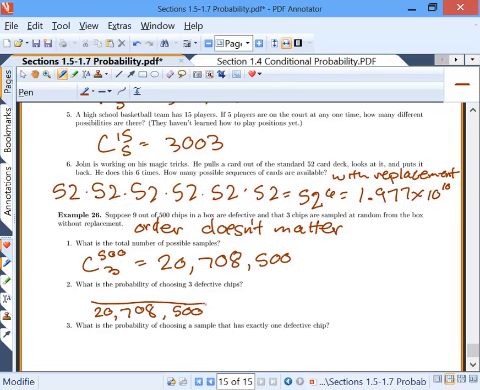Okay. So how many ways can I choose 3 defective chips? Thoughts? Go ahead and brainstorm.